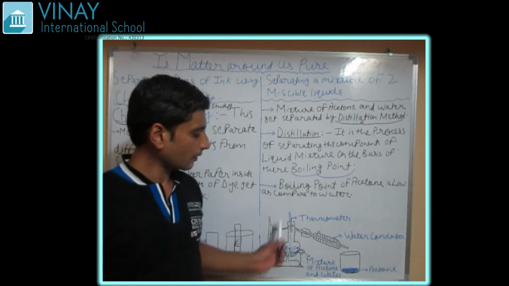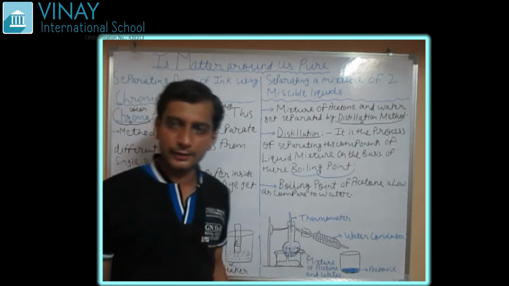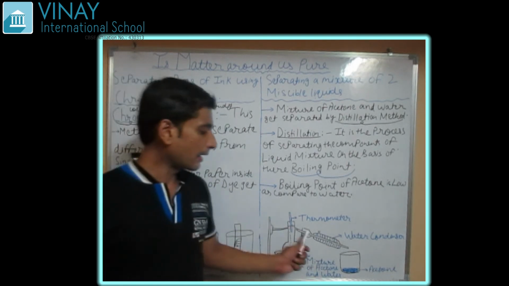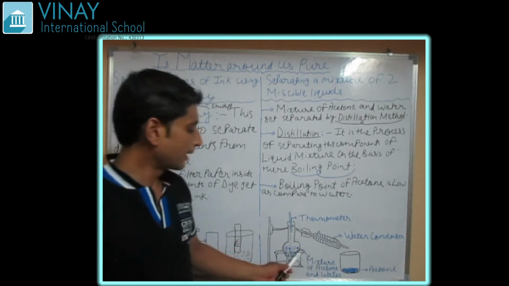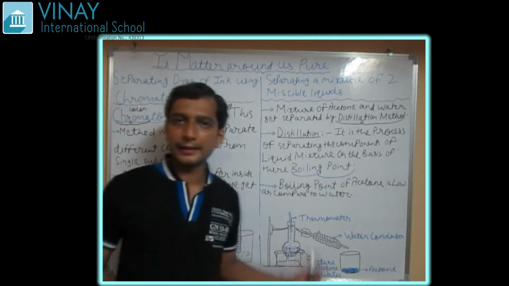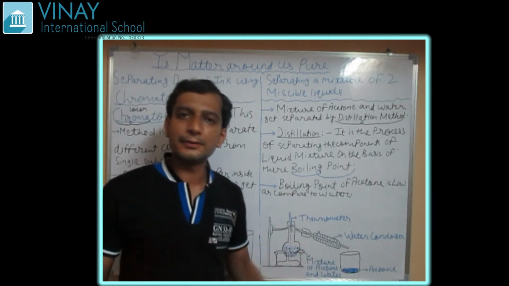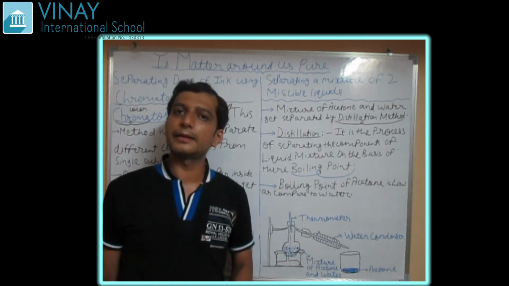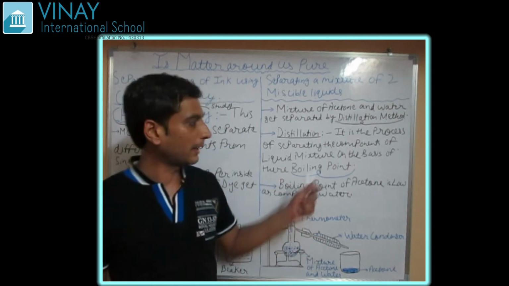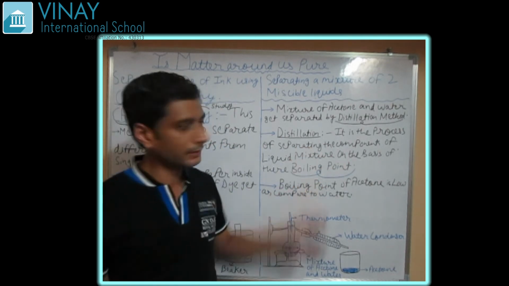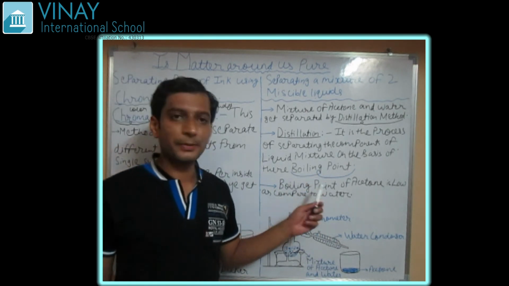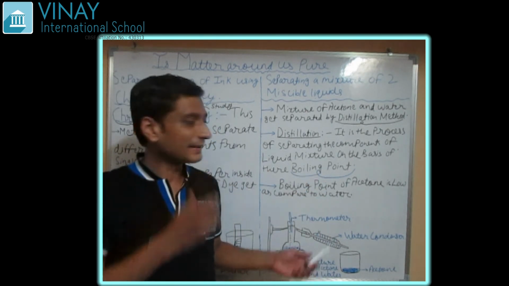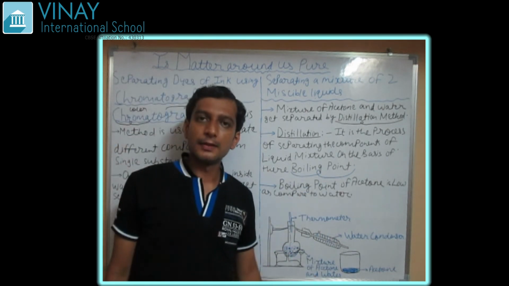And when this whole process continues, at the end all the acetone gets collected into this beaker, and water will be left behind inside the flask. In this way, water and acetone are separated by using the process of distillation. And the main principle behind it is nothing but the boiling point.